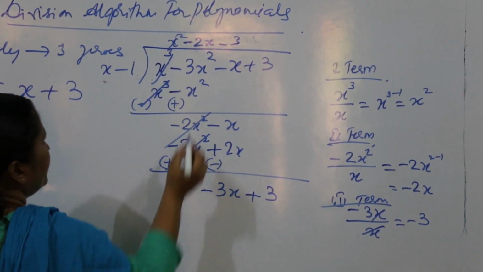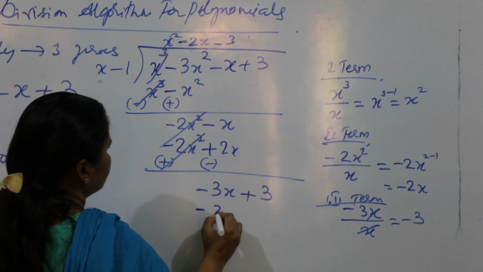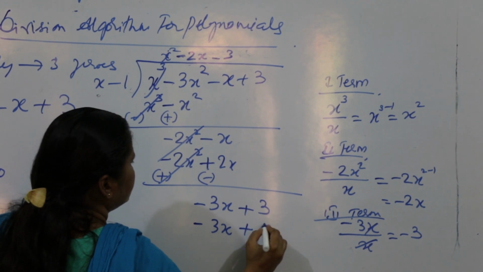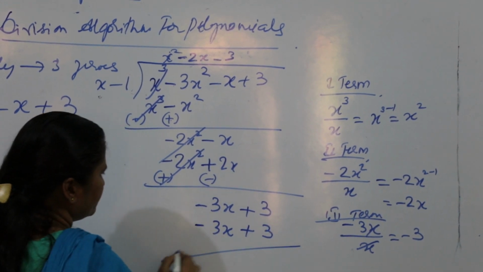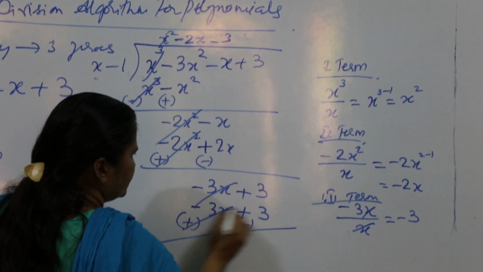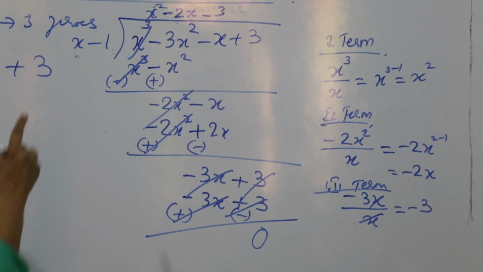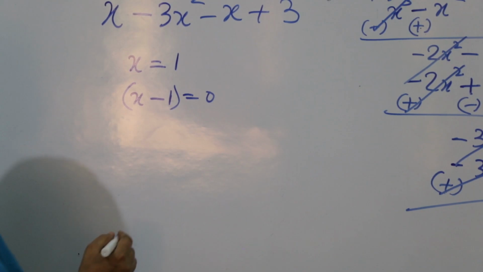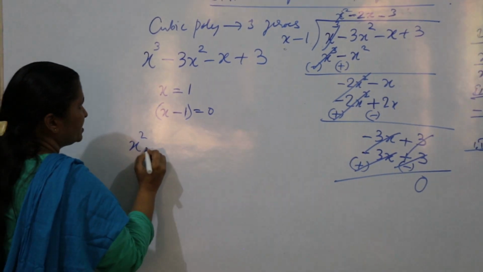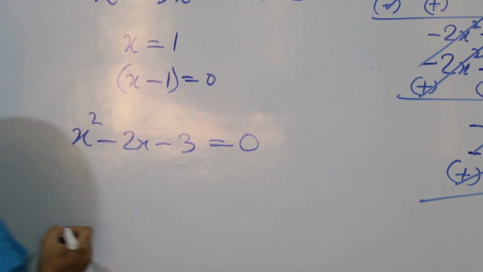So minus 3 times x is minus 3x, and minus 3 times minus 1 is plus 3. Sign change, it gets cancelled, 0. Now we got this as the quotient: x square minus 2x minus 3.